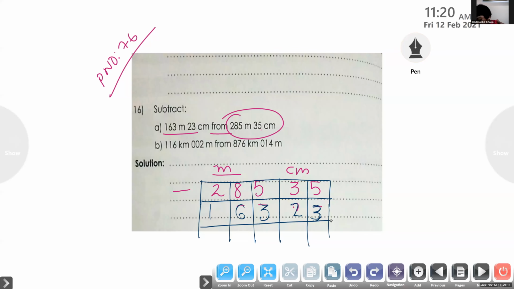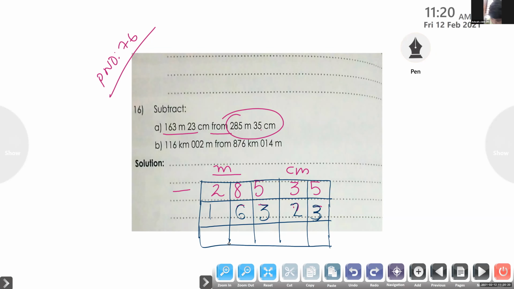Okay. Now, start from the rightmost digit. Which is the rightmost digit? 5 and 3. 5 minus 3. What do you get?